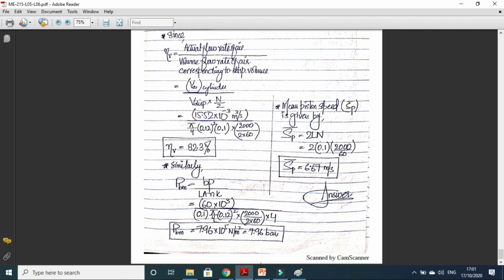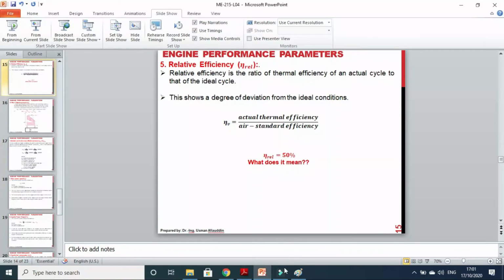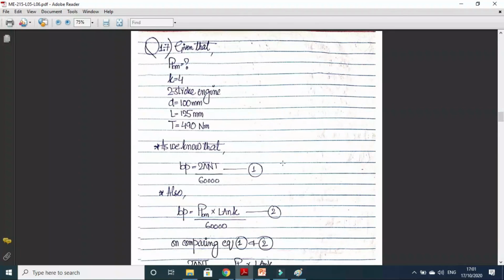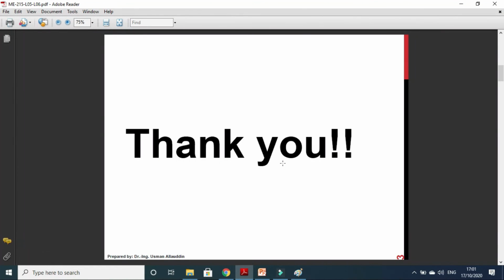So that's it. I think there are 10 or 11 solved examples in the book, so I recommend you first go through all the numericals which we have solved in the class, and then solve all these solved examples. But the problem is that the solved examples in the book are solved in a very different way.